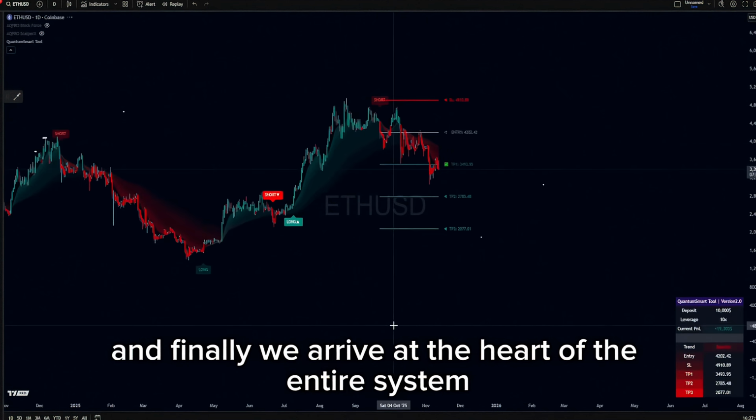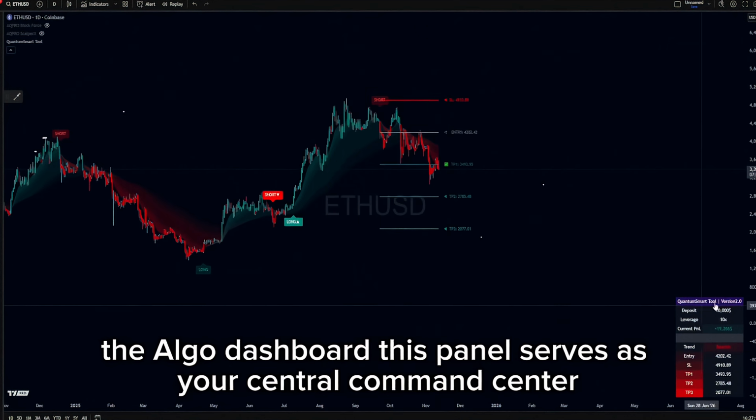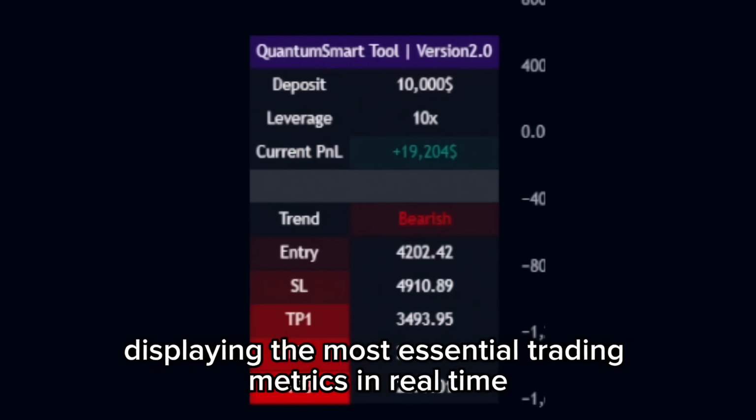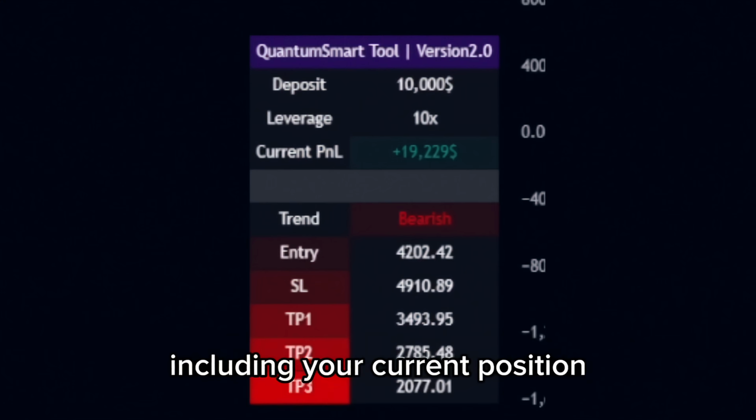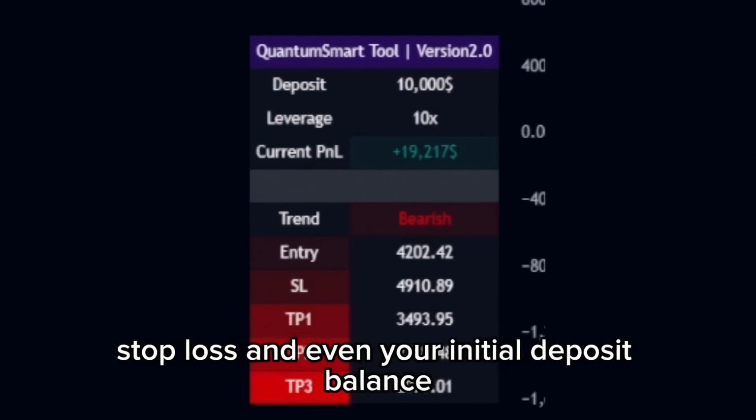And finally, we arrive at the heart of the entire system, the Algo Dashboard. This panel serves as your central command center, displaying the most essential trading metrics in real time, including your current position, profit and loss, take profit, stop loss, and even your initial deposit balance.